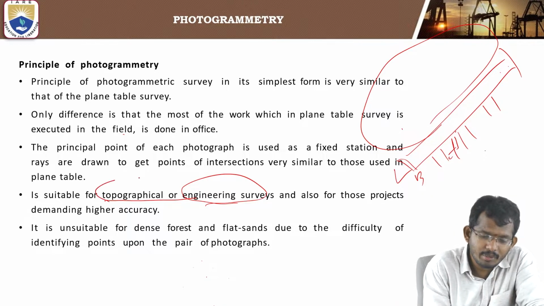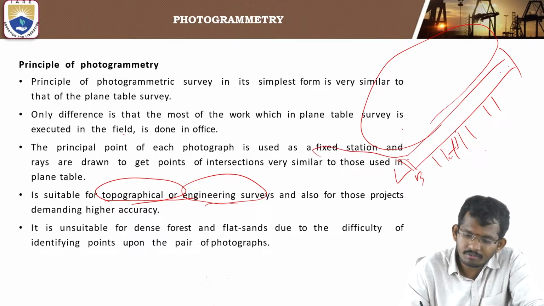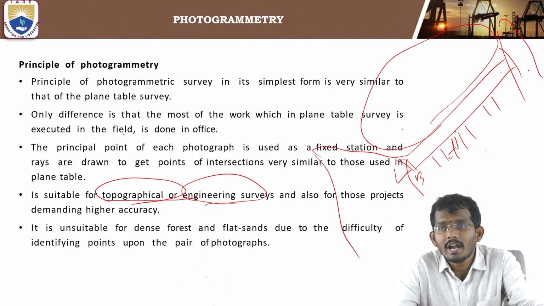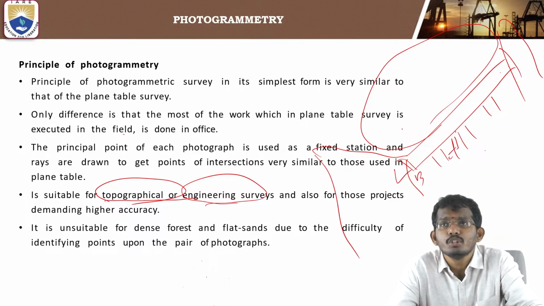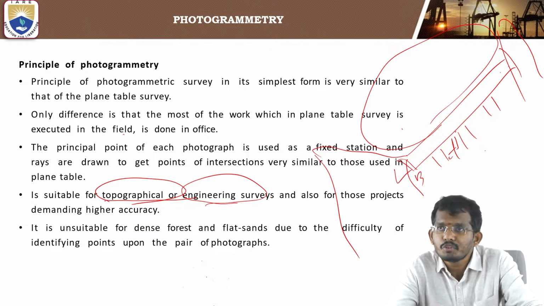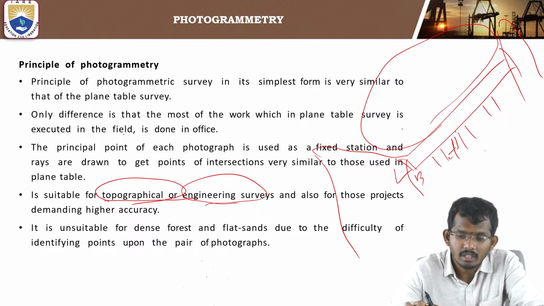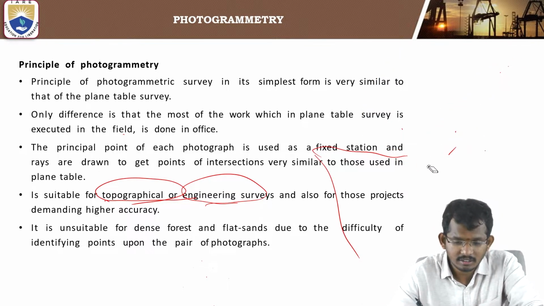In a topographic survey I want to measure the height of the hills on either side of the dam, or the slope of the hill, whatever it is. This cannot be done using your plane table, chain, compass or theodolite surveys. So only photogrammetry surveys can do these physical quantities which demand high accuracy.